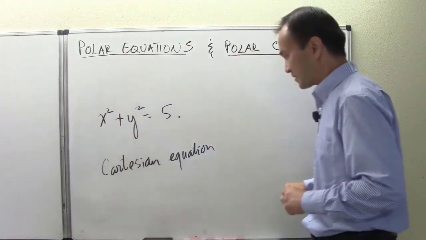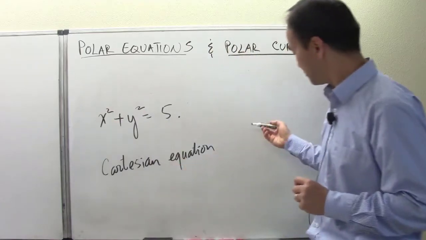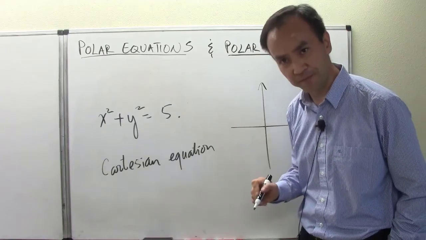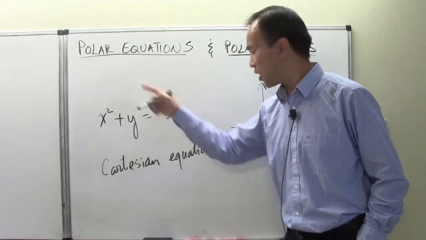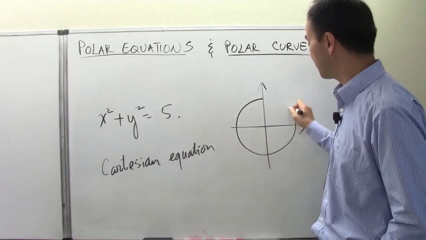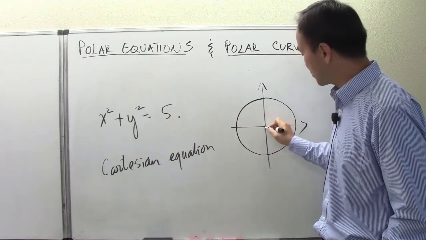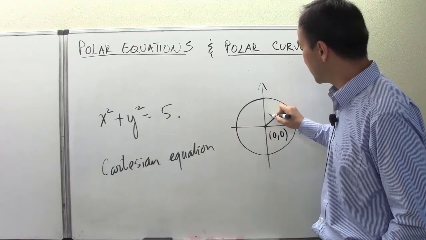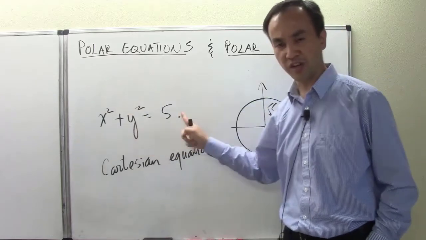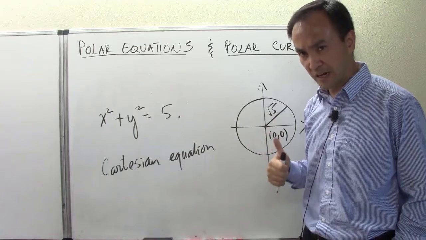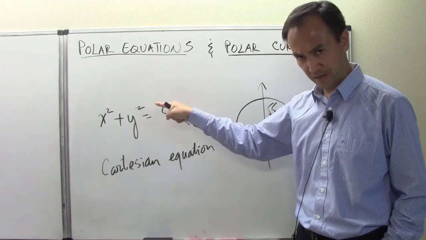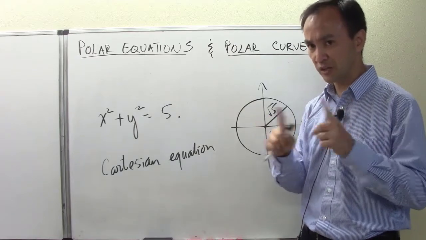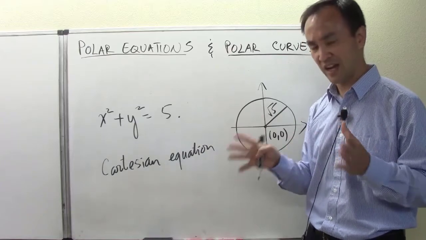Any equation in math has a graph, and so we can graph this equation and come up with a graph that appears to be a circle, and that circle is centered at (0, 0) with radius being the square root of 5. That's what this equation gives us. So again, as a rule of thumb, any equation has a graph.